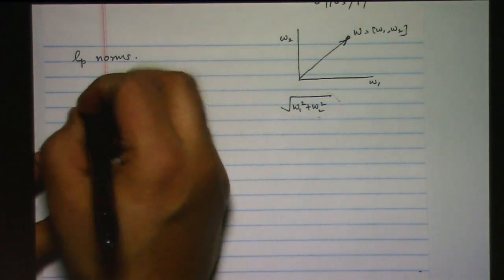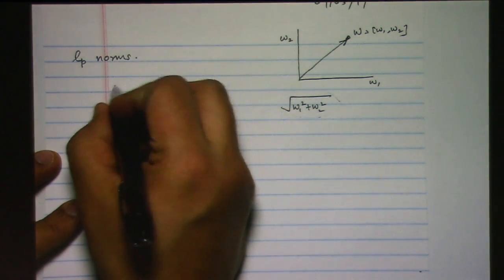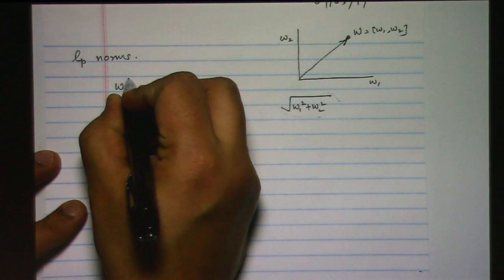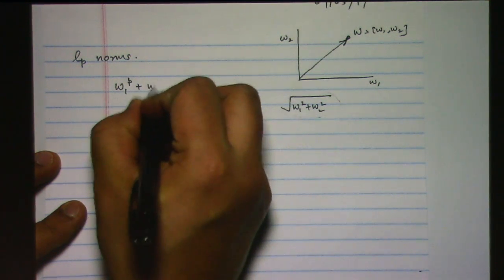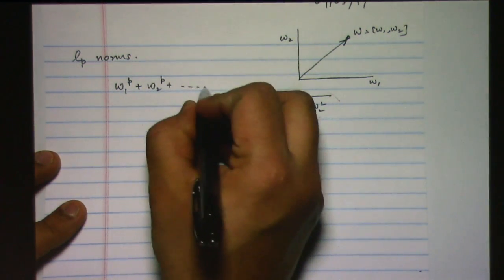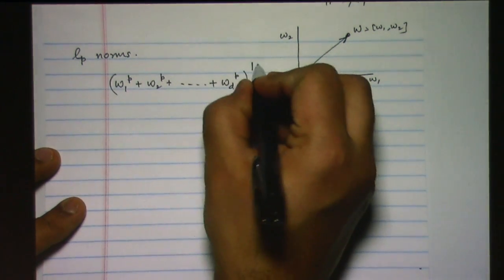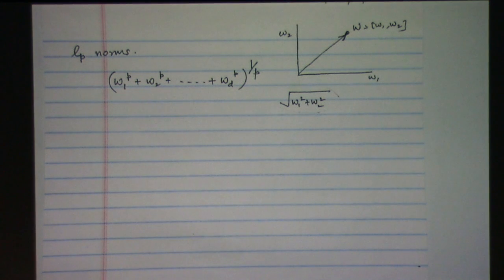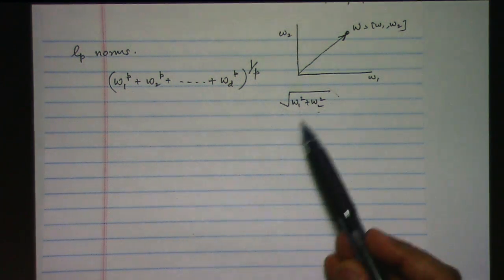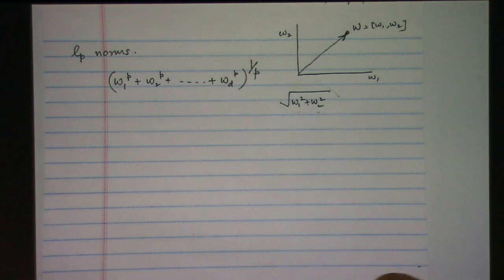Pay close attention. So if you have any vector, the LP norm is defined as W1 to the power P plus W2 to the power P, and so on. So let's say this vector has D elements, all raised to 1 over P, right? So what you will see is that the Euclidean norm is essentially L2 norm.